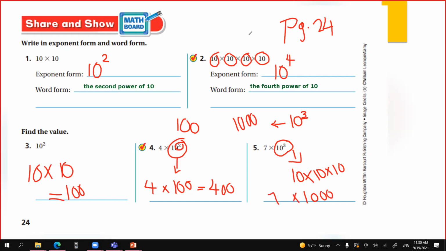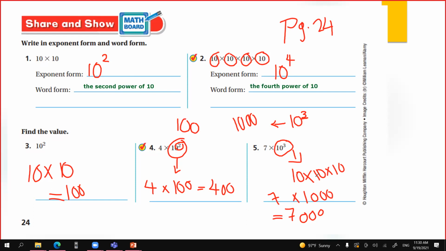Then multiply it by 7. What did you get? Sorry, 7,000. Yeah, 7,000. So here, what do you have? We have 10 to the power 3, which means 1,000, which means 10 times 10 times 10.